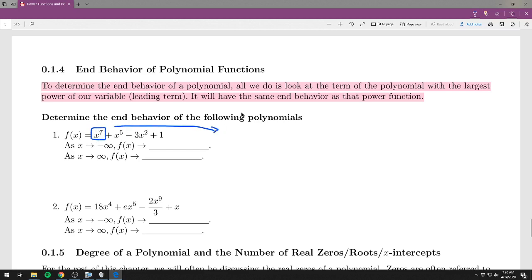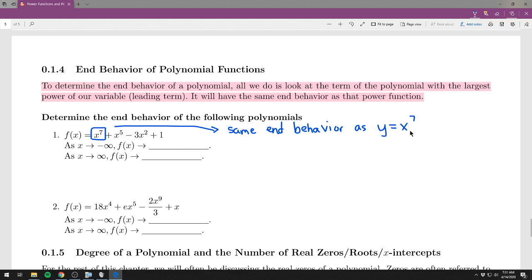What this is telling us is we're going to have the same end behavior as y equals x to the 7th. All these lesser powers don't matter because when x gets really close to negative infinity or positive infinity, x to the 7th is much, much bigger than the others.